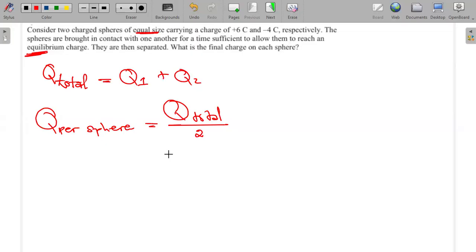First things first, let's add the initial charges to find the total charge. We have positive 6 coulombs and negative 4 coulombs.